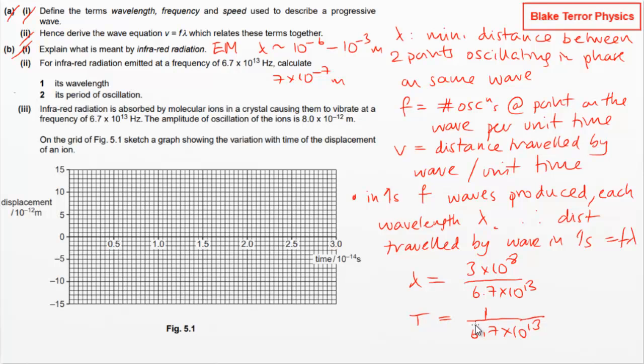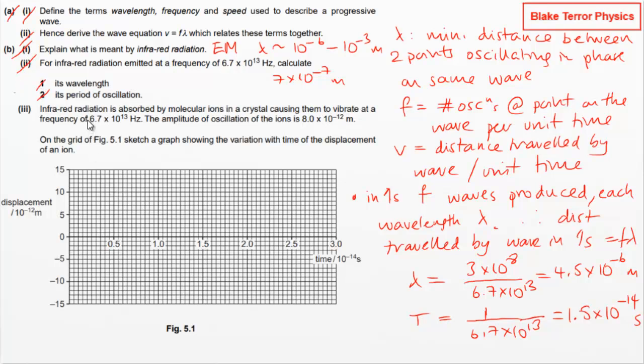That's going to be 1.5 times 10 to the minus 14. This is going to help. I just don't want to get the calculator out. So that's in seconds. To work out this, all we have to do is now multiply that by 3 times 10 to the 8. So that would be 4.5 times 10 to the minus 6 meters. Right, okay, that saves digging the calculator out.